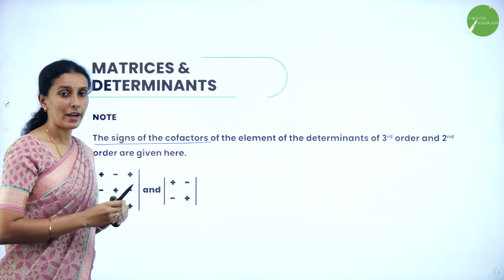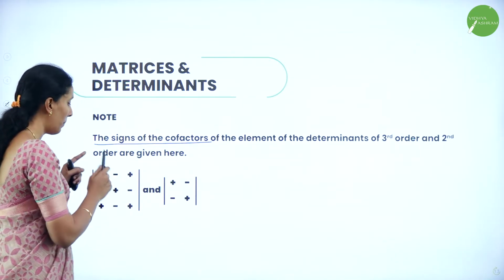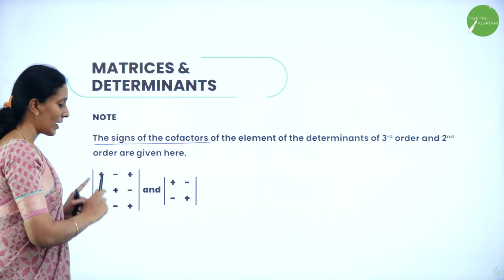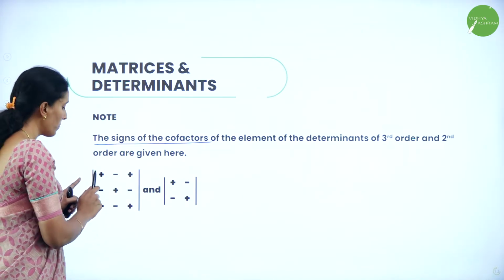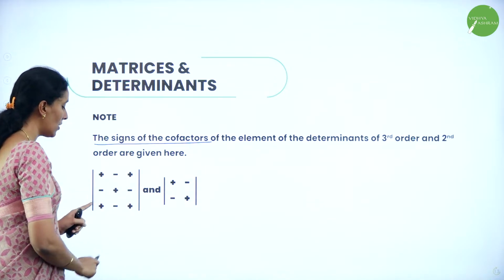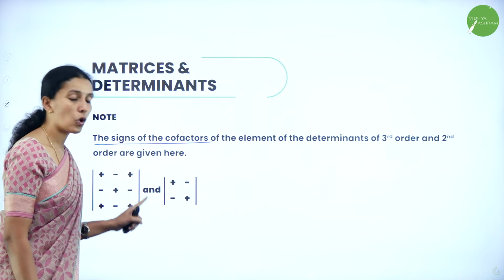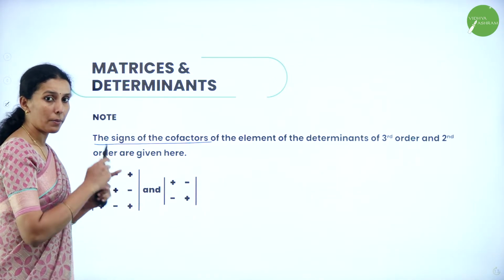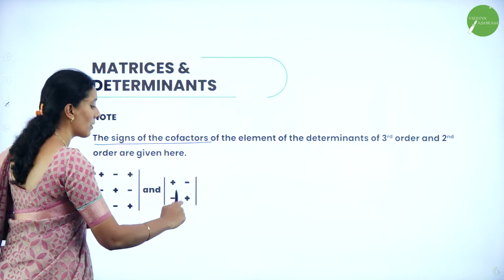That matrix is called the cofactor matrix. But the elements will have a particular sign. What are the signs here? For the first row, it is plus minus plus. Second row, minus plus minus. Third row, plus minus plus. And in case of a 2 cross 2 order matrix, the signs will be in the form of plus minus, minus plus.